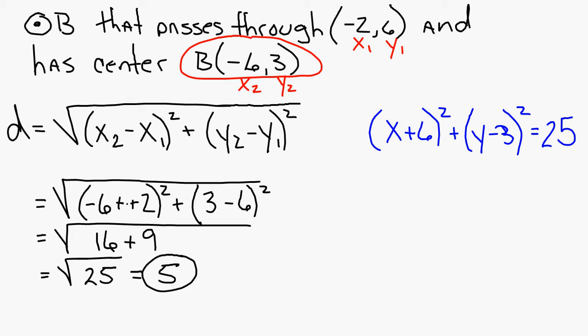So in the first example, they gave you the center, they gave you the radius, you just had to fill in the blanks, right? Second example, they gave you the center, but then they gave you a point on the circle, so you had to find the radius. Okay? So now, once you find the radius, you've got the center, and you've got the radius, and then you're just filling in the blanks again.